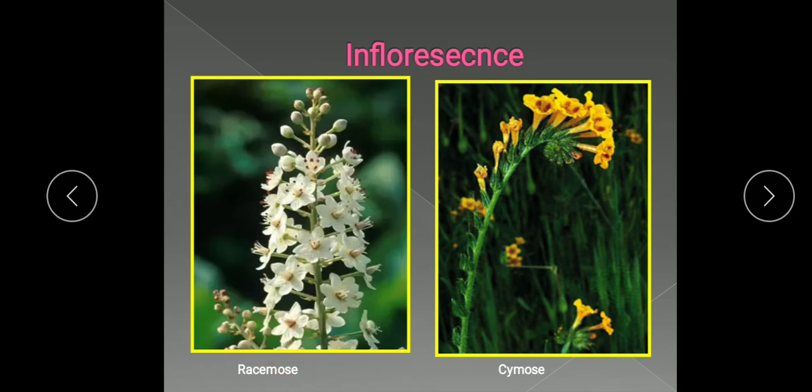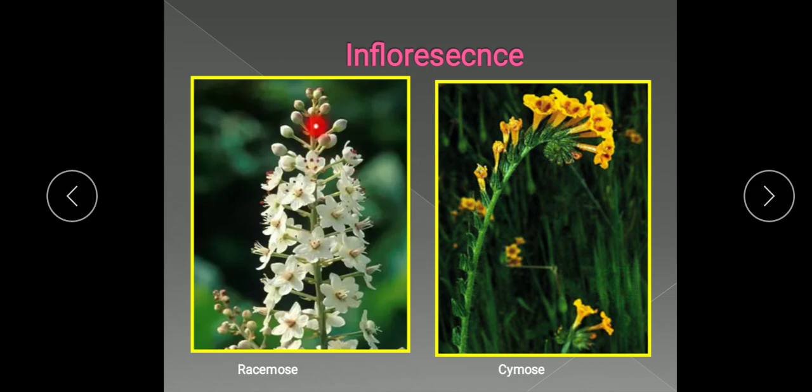So let me see what is racemose. You just see here, in the racemose, this is the floral axis. Flowers arise on the floral axis, and this floral axis shows indeterminate growth. At the tip of the floral axis the growth is continuous, meaning flowers arise in a continuous manner.